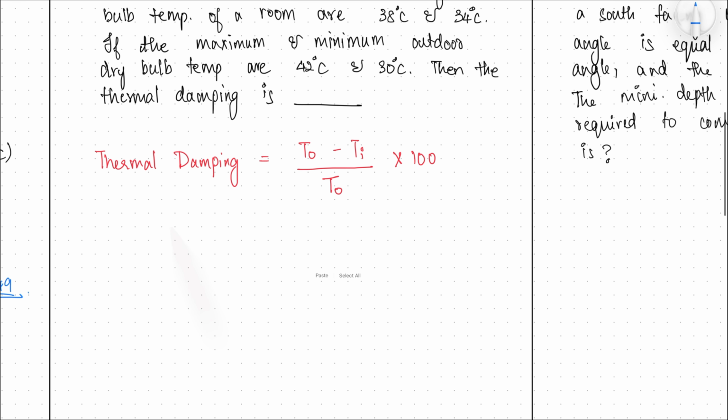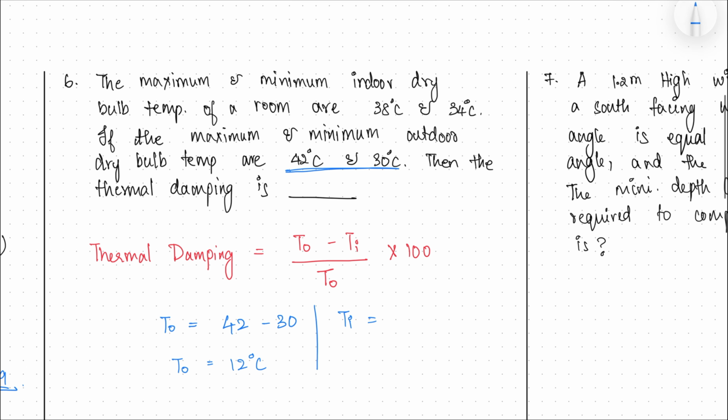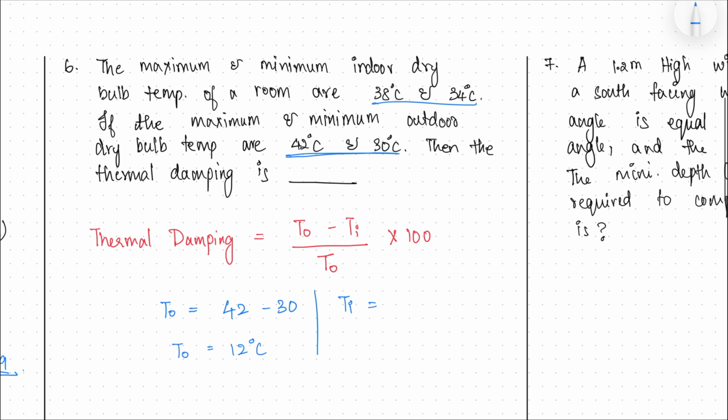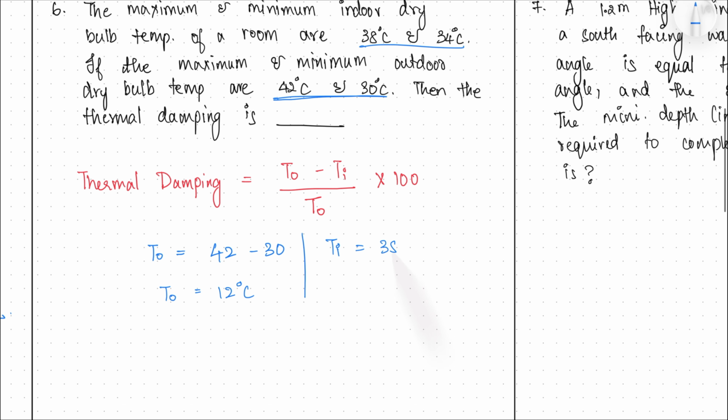Now let's find out the temperature ranges of inside and outside, and they have given us as dry bulb temperature, which is same as your air temperature. So what is the range of outside temperature? Outside temperature of 42 and 30. So 42 minus 30, their outside temperature range is 12 degrees Celsius. And let's solve the same for inner. Inner they have given 38 and 34. So 38 minus 34, you'll get 4 degrees Celsius.